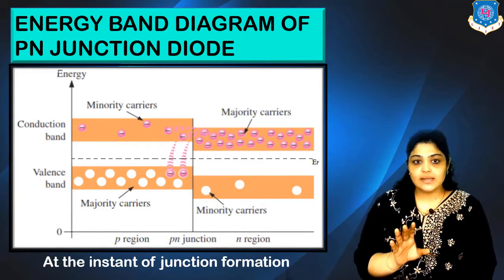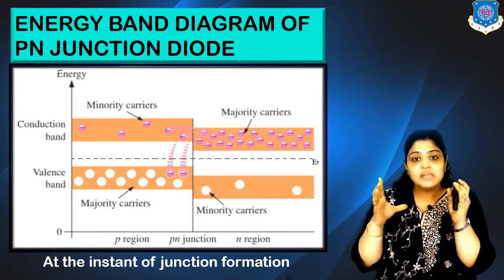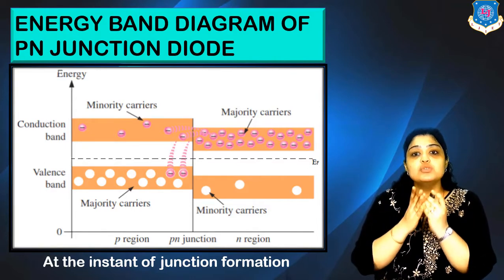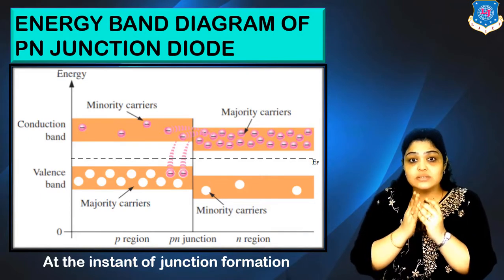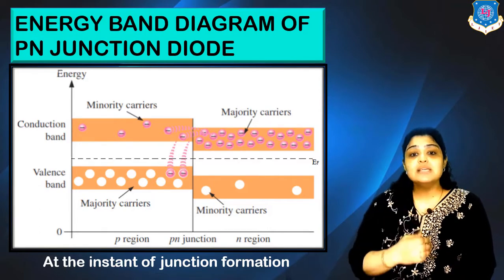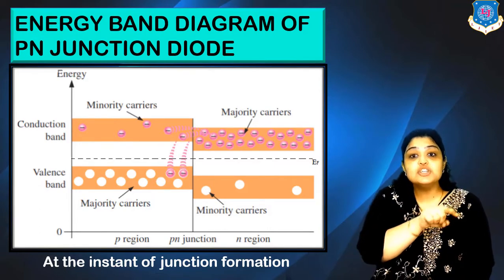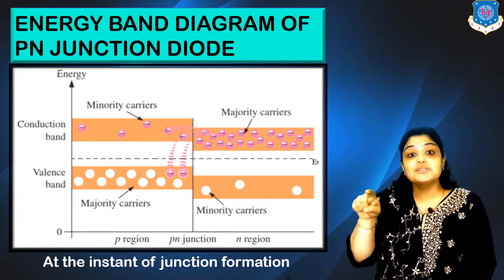When we fuse the p-type and n-type semiconductors together, that is when we form the junction. Please keep in mind that the Fermi levels should line up. What does that mean? Fermi levels should be in a straight line.